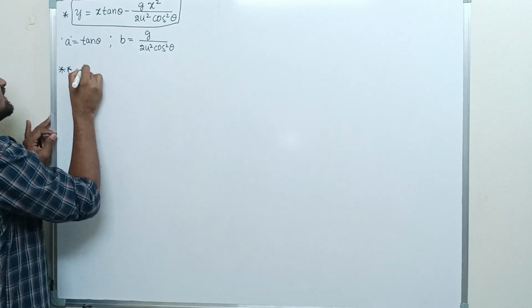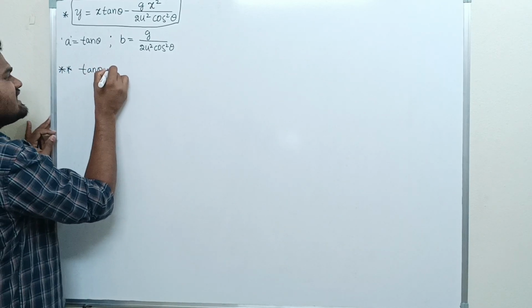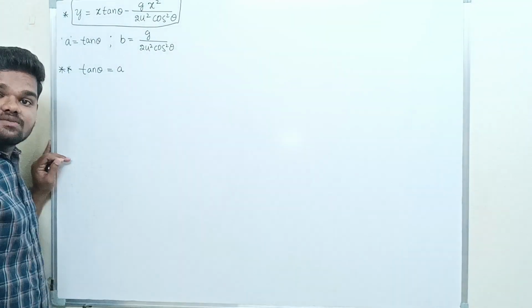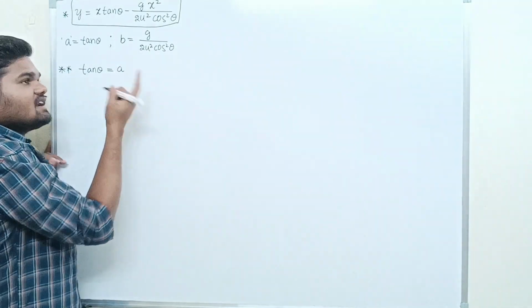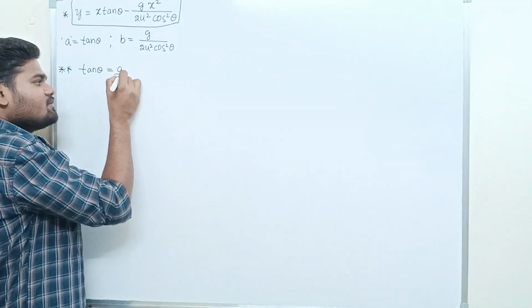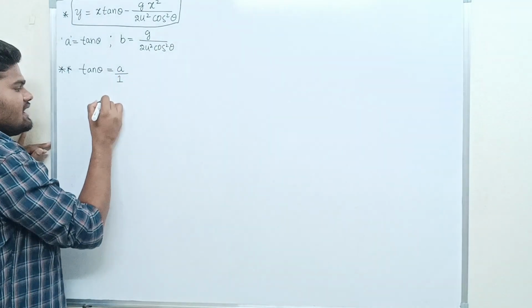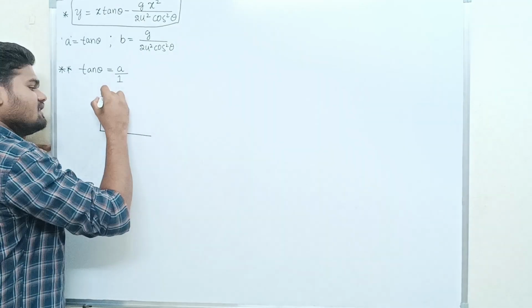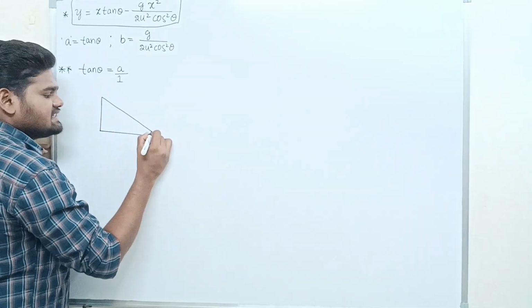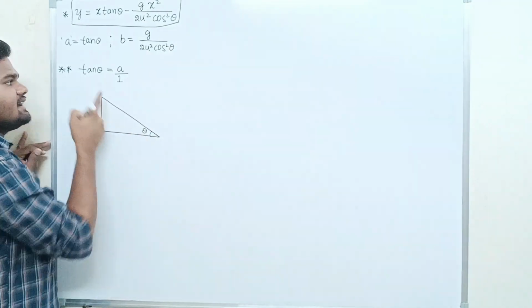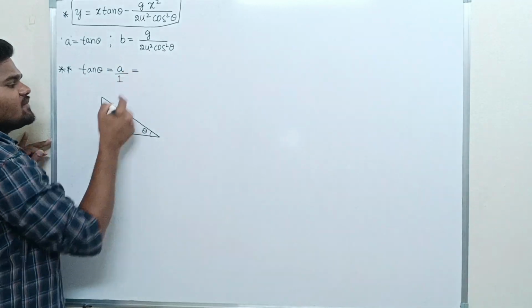So from this equation I am just going to write: what is tan theta? Tan theta is equal to, we consider it as small a. Have a look. In the denominator, nothing is there. I am just taking 1 as the denominator. Any problem? So from a right angle triangle, have a look. In a right angle triangle, let us consider this is an angle theta. What is tan theta from a right angle triangle?